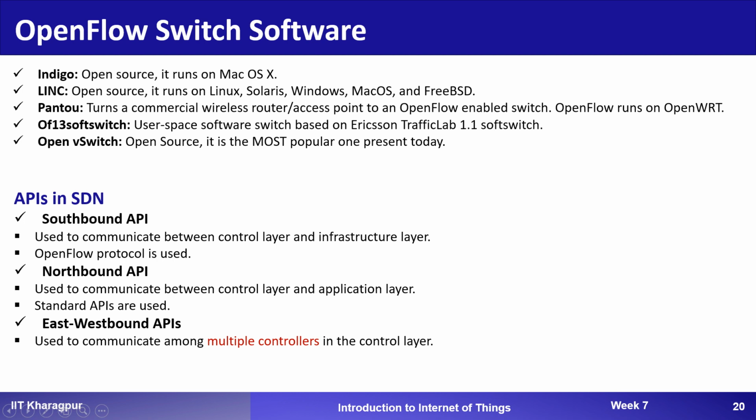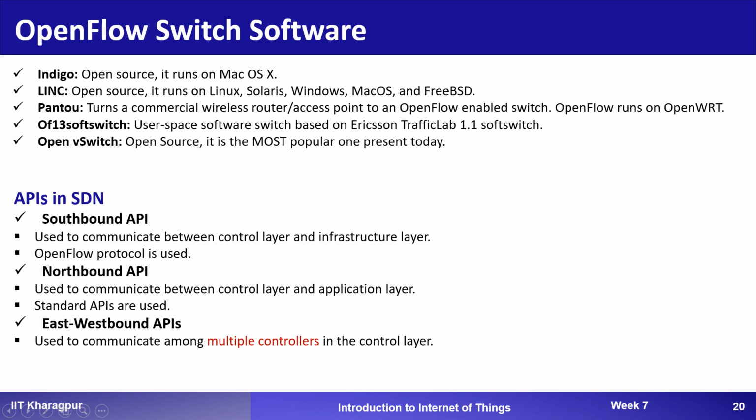Basically the layer between your switches, that is your hardware, and the controller, that is your operating system. So the API which is used between your hardware and your operating system is called your southbound API, and OpenFlow protocol is used in this API.